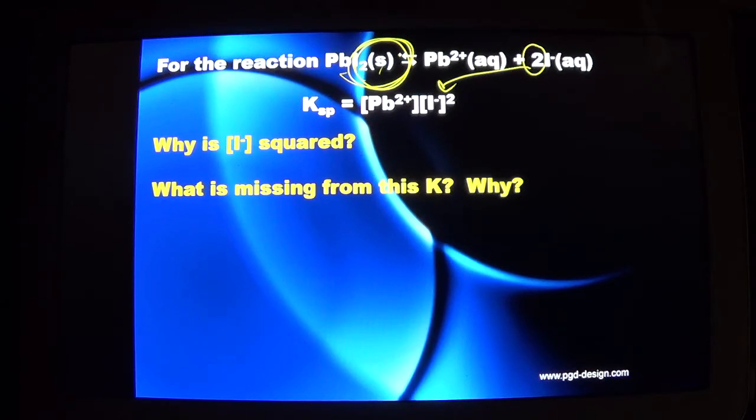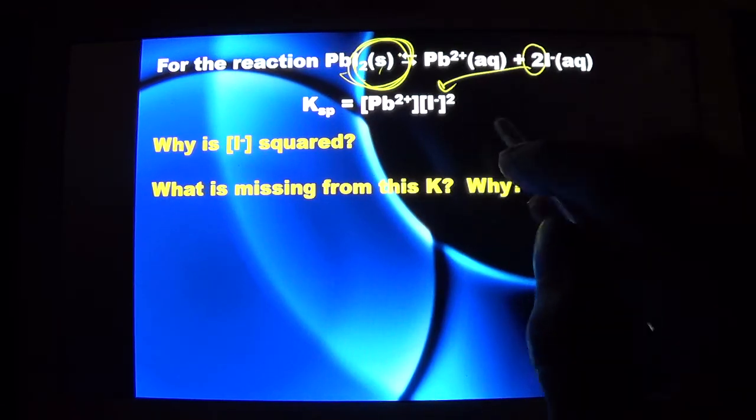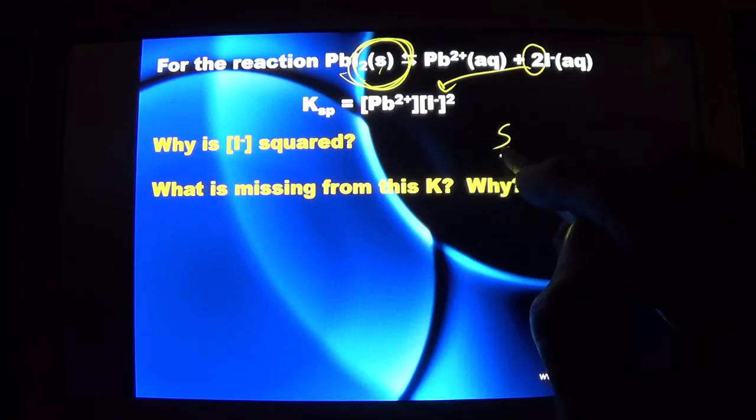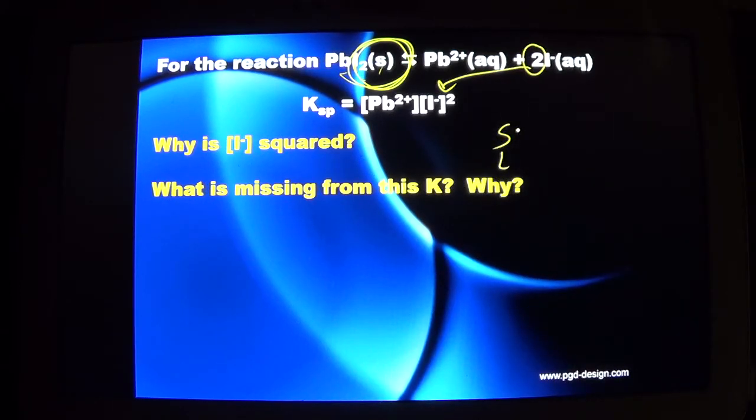And what two things don't we include in any equilibrium? We don't include solids and we don't include pure liquids. We include things that are dissolved. We would include gases, but we don't include solids and pure liquids. Now, why don't we include them? Well, we're making the assumption that the amount of that particular item, solid or liquid, doesn't change significantly over the course of the reaction.